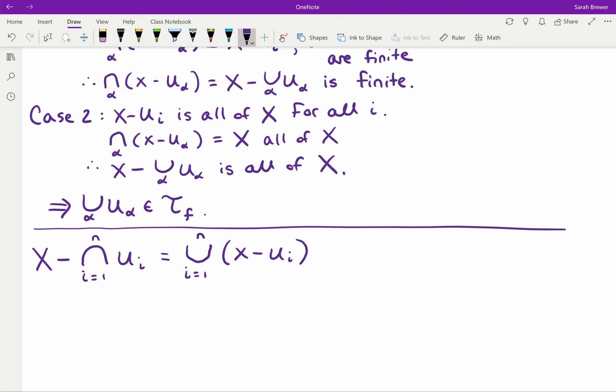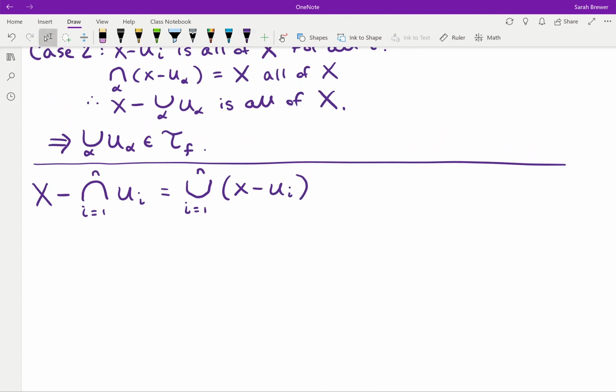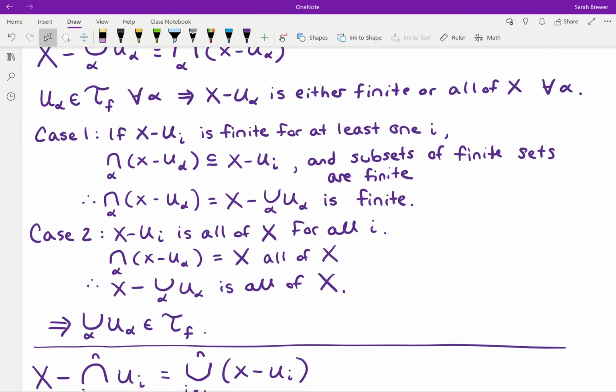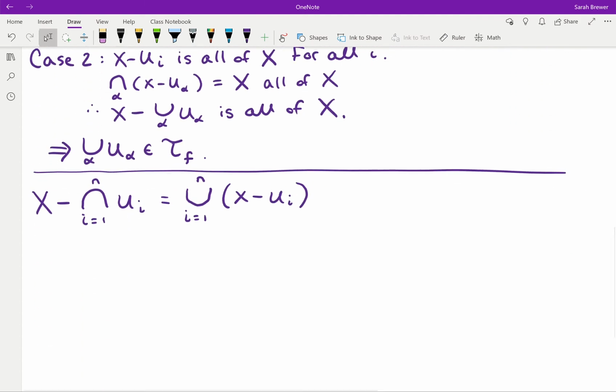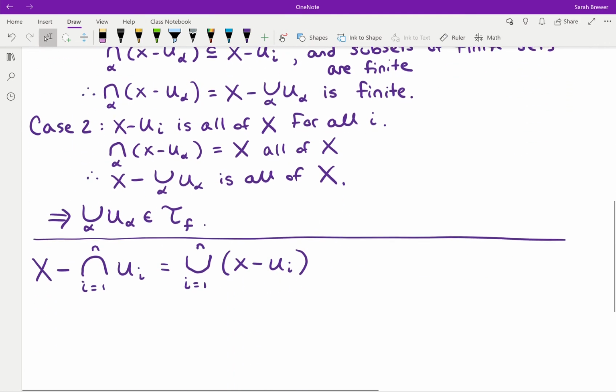Okay. And so here, since U sub i, so this argument is going to be very, very similar to what we had previously. Okay. So let's see, I'm going to make sure I word this pretty similarly.